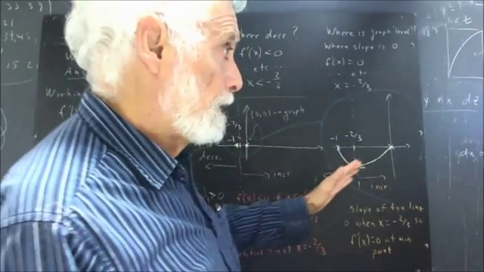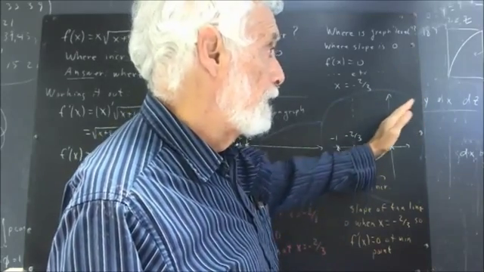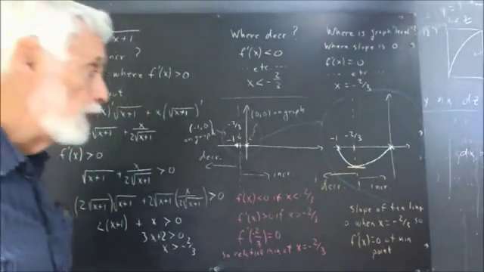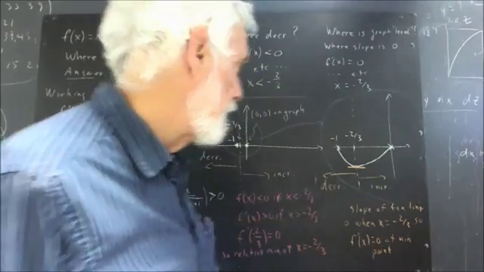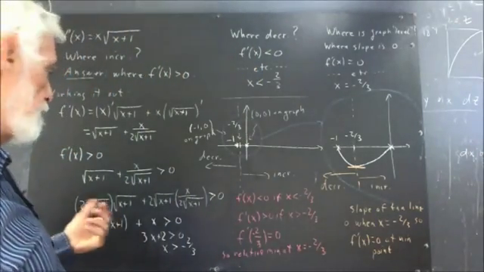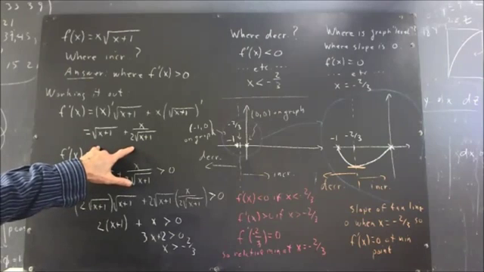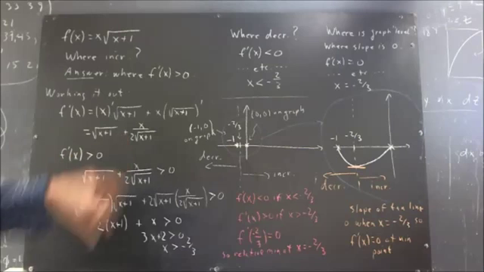Whether it continues to increase faster and faster, or increases faster and then slower and then sometimes faster, we don't know, but we could figure that out by taking the second derivative, the derivative of the derivative, which would mean we'd have to take the derivative of this and then test to see where it's positive, where it's negative, and so forth.